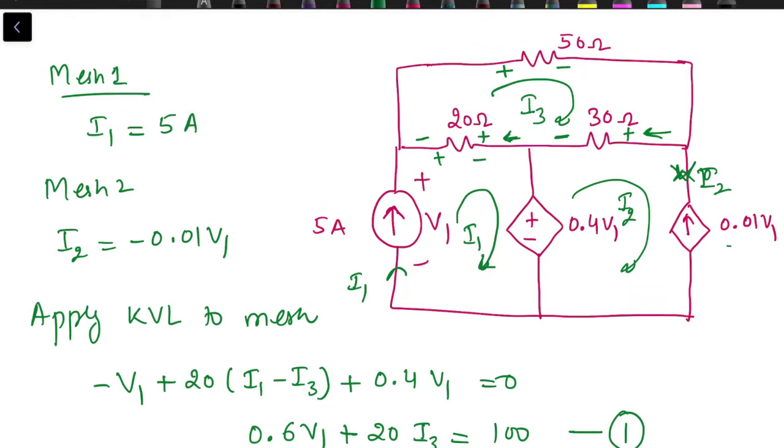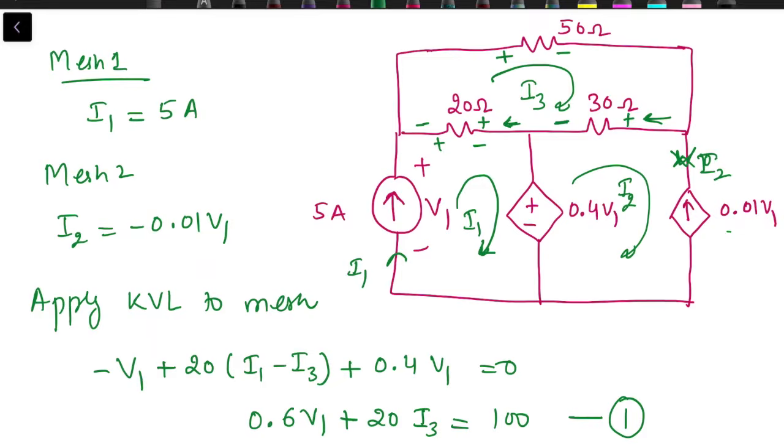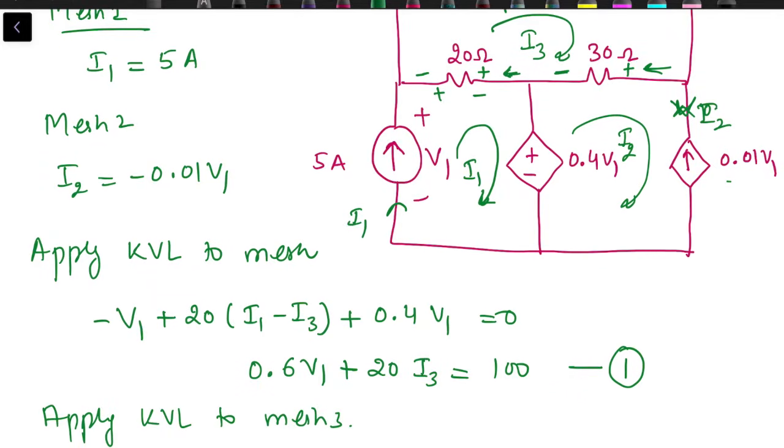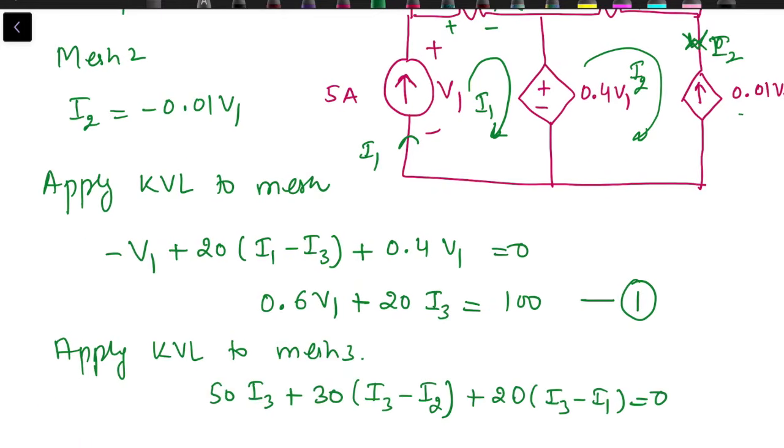So let's start with the 50 volt source, 50 ohm resistance, 50 into I3, plus 30 into I3 minus I2, plus 20 into I3 minus I1 equal to 0. So what we have?